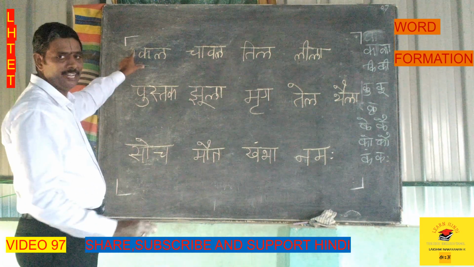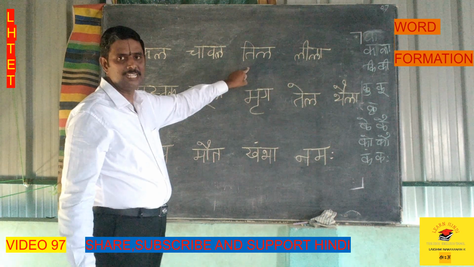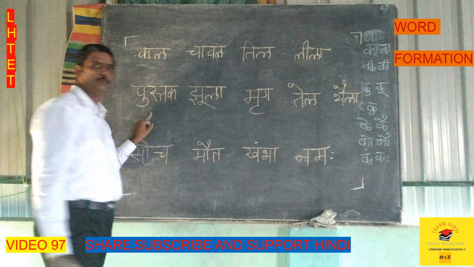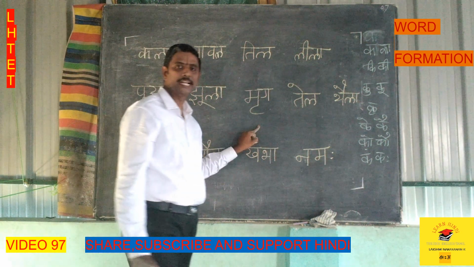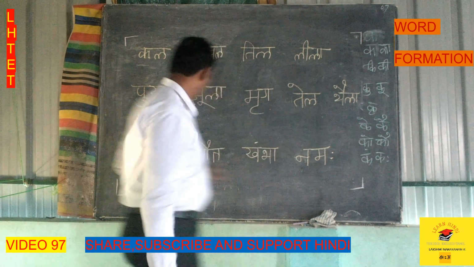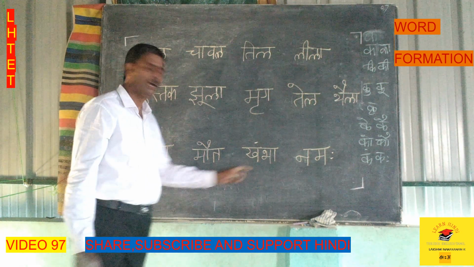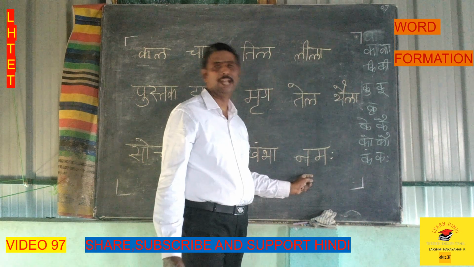You see, ka: kal, cha: chaval. I sound: til. Ee sound: leela. U sound: pustak. Oo sound: jhula. R sound: mriga. E sound: tel. Ai sound: taila. O sound: soch. Au sound: maut. Am sound: kamba. Aha sound: namaha.